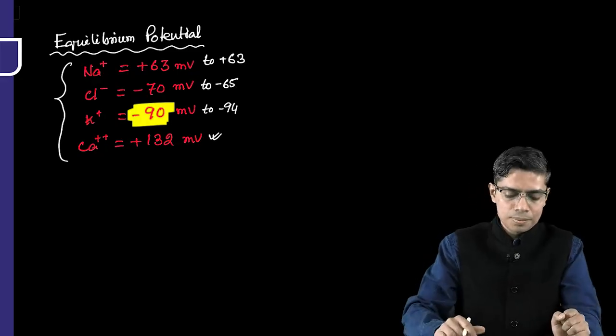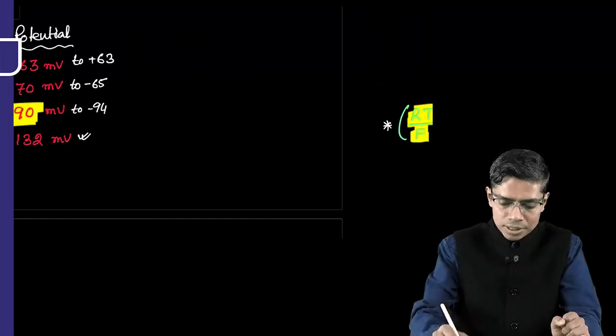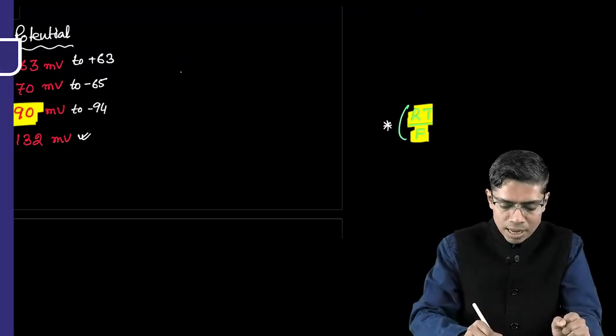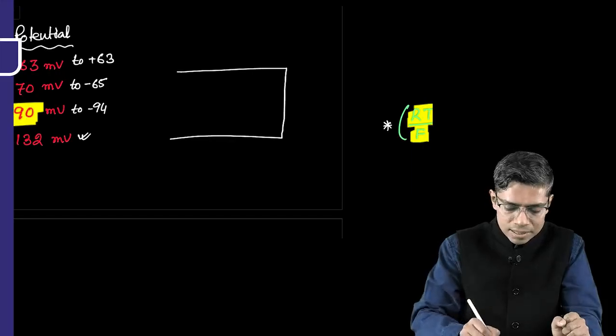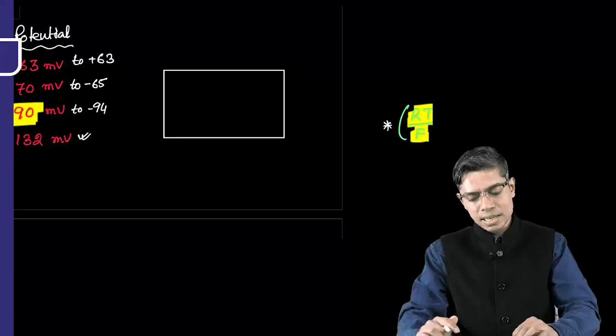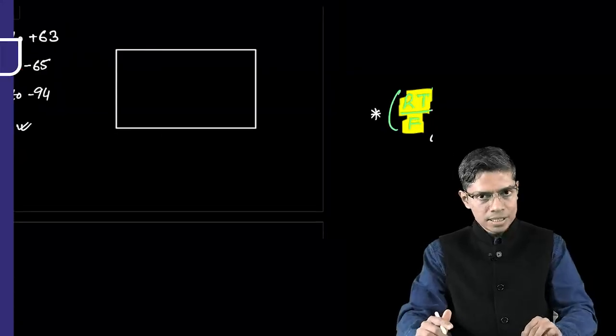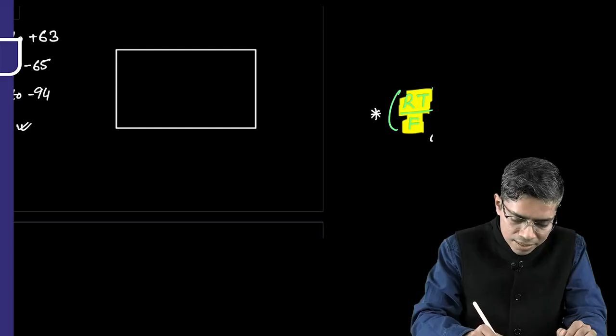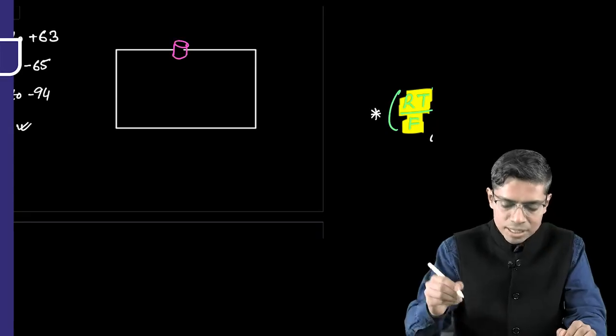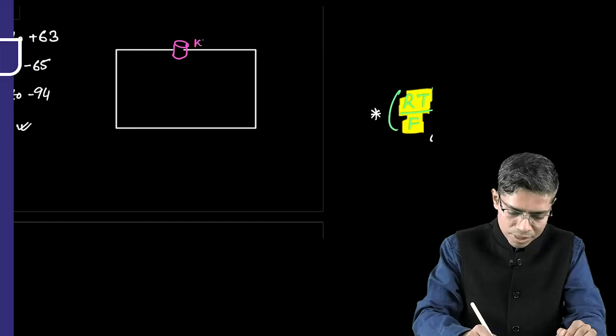Right. Now, I am putting another question in front of you. So, I have a glial cell. We have already understood that a glial cell contains only one type of leak channel, and that is the leak potassium channel.